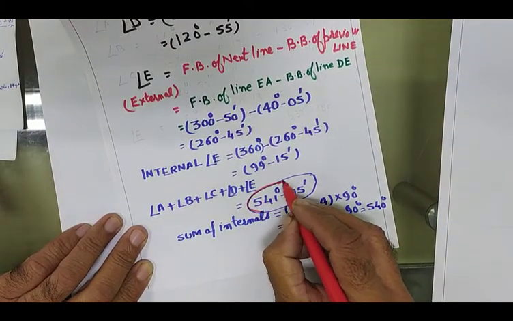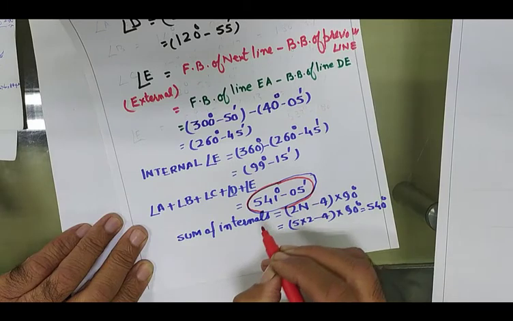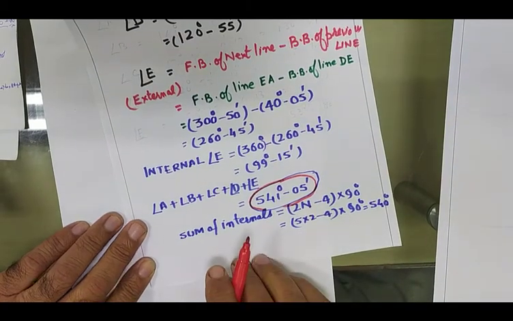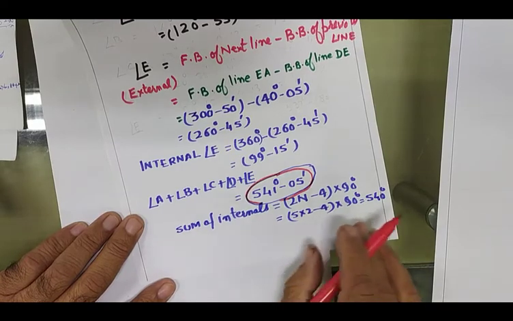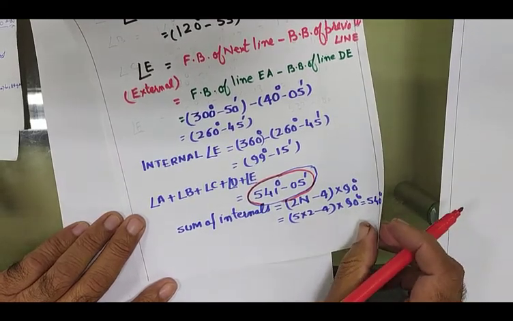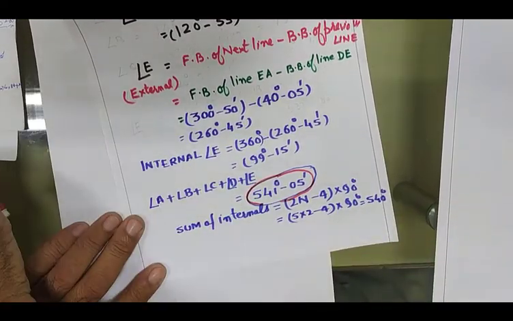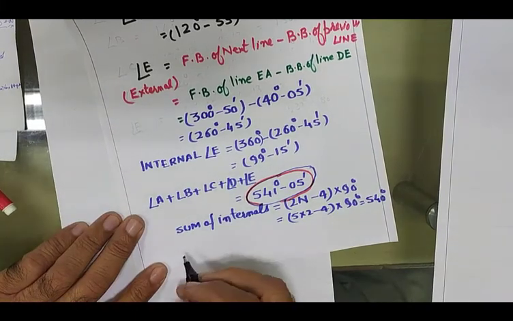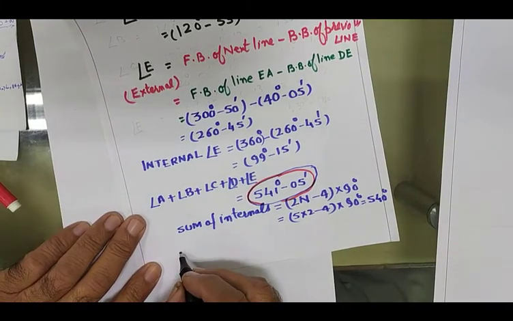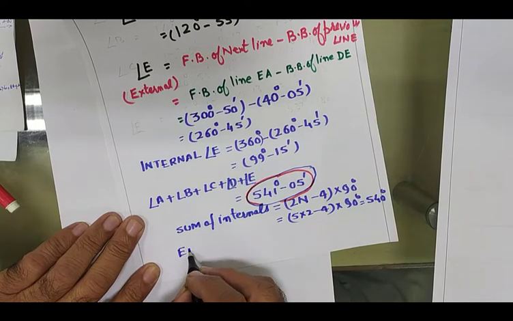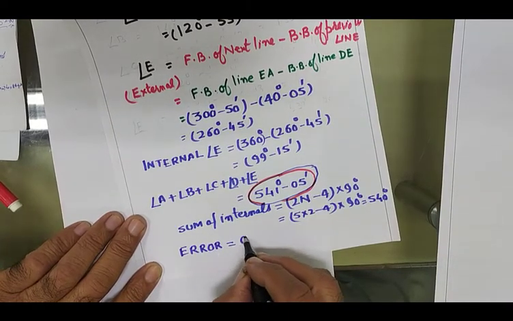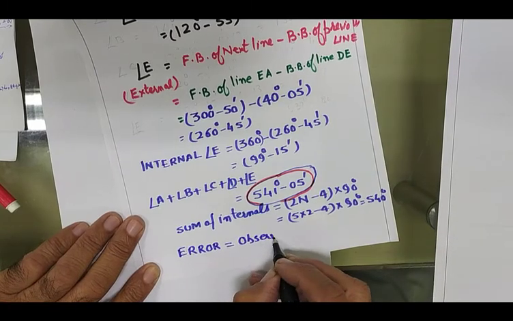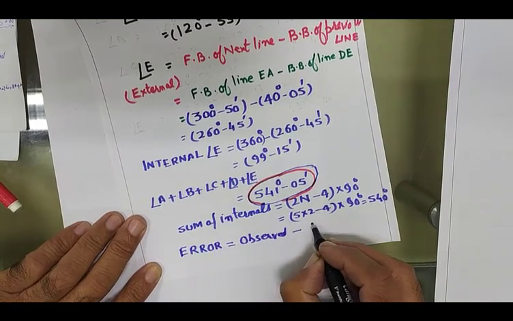So what is the error? Now you can calculate the error over here. We have to eliminate this error. Error is always given by observed value minus correct value.